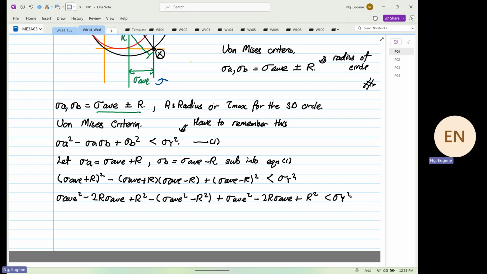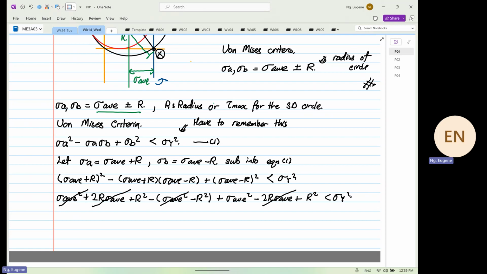So you realize that we can cancel a few terms, right? So we can get rid of this term over here. We can get rid of this term over here, right? So we realize that we also can get rid of this stress average term because plus minus, okay? Anything else where we can get rid of?